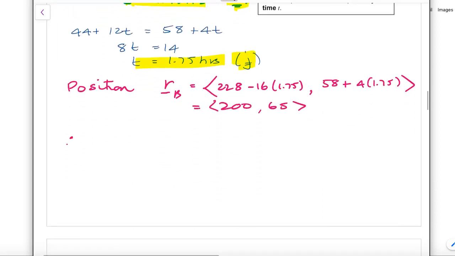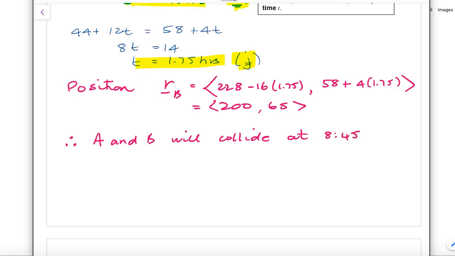So in summary, we can say A and B will collide at 1.75 hours after they take off, which is 7 a.m. So that will be 8:45 a.m. at the position of 200i plus 65j kilometres.